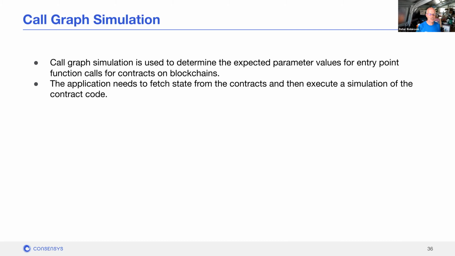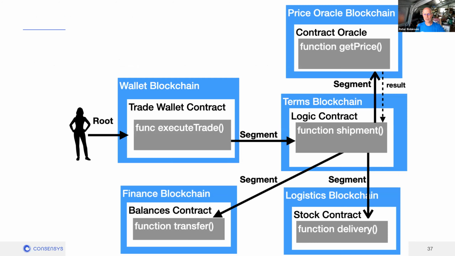You might need to fetch state from the contracts to get the current values. Then you need to simulate the code based on the parameter values that you plan to put in. If you think of this overall set of contracts and code, for each of those entry point functions for a blockchain, you're going to need to work out what the parameter values need to be.